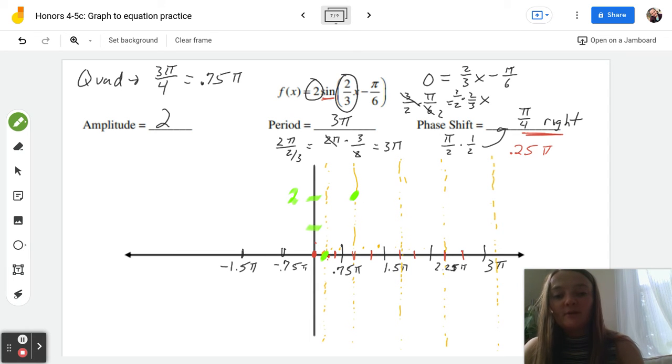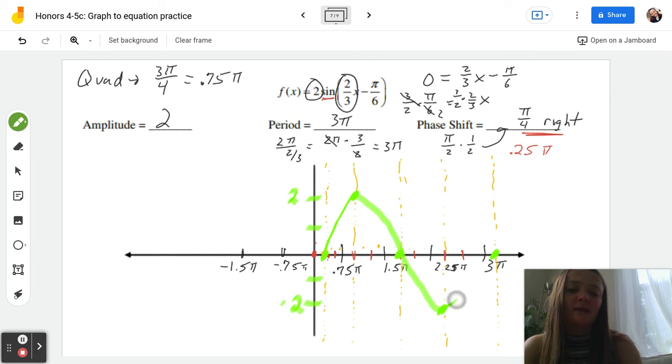From there, the sine function goes down to the midline again, which is right here. And then it goes down to a minimum. This time our minimum is 2 away from the midline, which is negative 2, and it happens right here on my quadrant line. Then it comes back up and ends on my quadrant line here. And so my graph is going to look something like this, roughly.